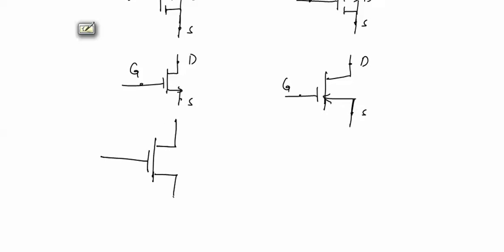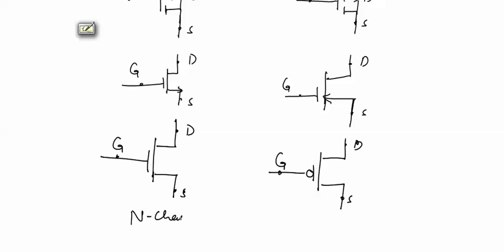Simple, if this symbol is used, it will be considered as n channel MOSFET. And if we put a bubble on the gate terminal, this would be the symbol for p channel MOSFET. These are n channel enhancement MOSFETs, and these are p channel enhancement type MOSFETs.